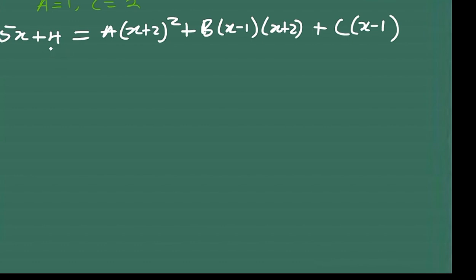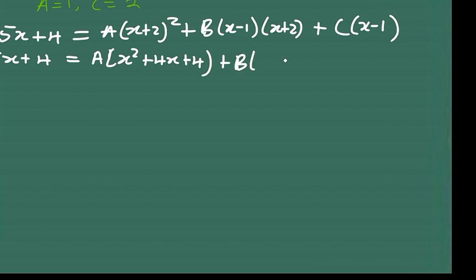Now let's go ahead. For us to find the term b and expand this expression, we are going to have 5x plus 4 equals a into bracket x squared plus 4x plus 4 when you expand this expression, plus b into bracket x squared plus 2x minus x minus 2, and here will be plus cx minus c.